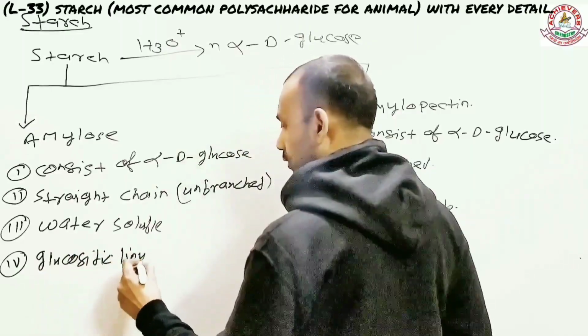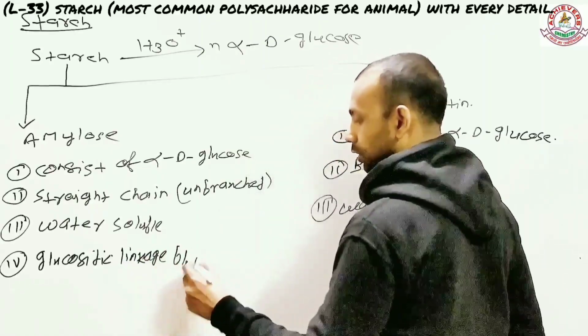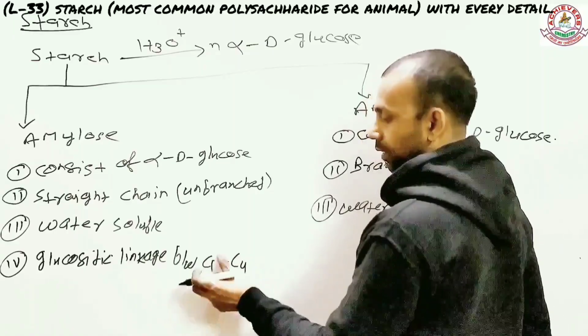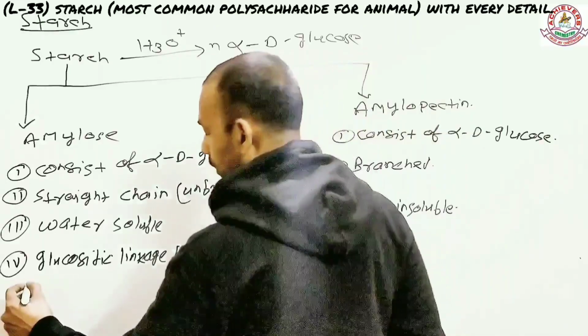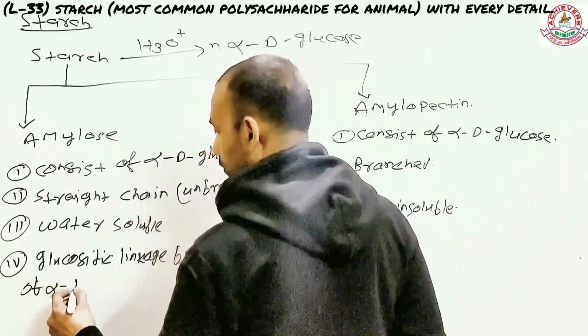The fourth point is that amylose has a glycosidic linkage between C1 and C4 of alpha D glucose.